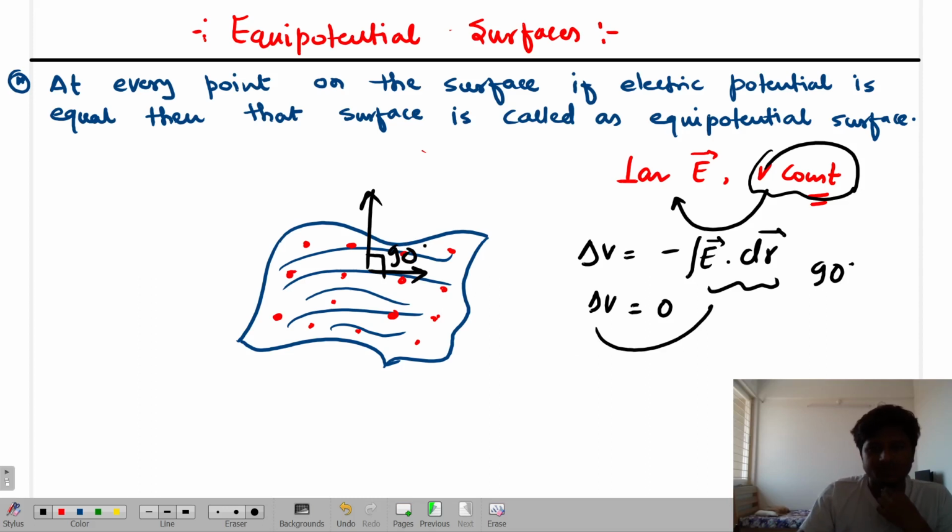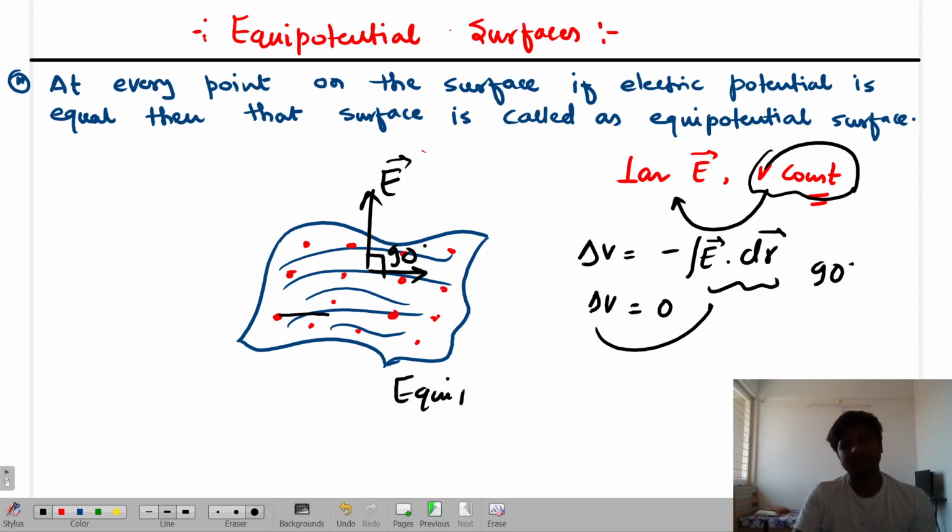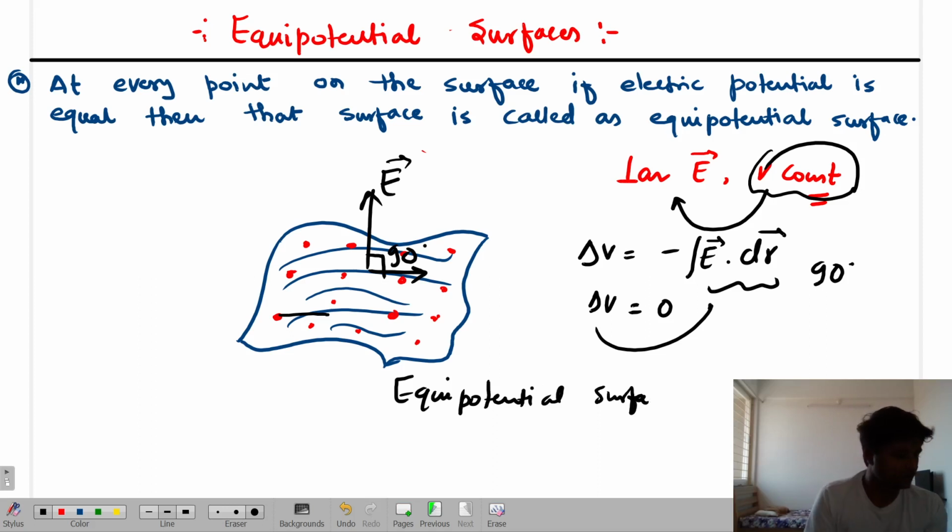So vice versa is also possible: if for any reason the potential remains constant for any surface, then the electric field must be perpendicular to that surface, or not? And that is why we call that surface an equipotential surface. So whenever you have an equipotential surface, the electric field is always perpendicular to it. How will the electric field be? Is that clear or not?